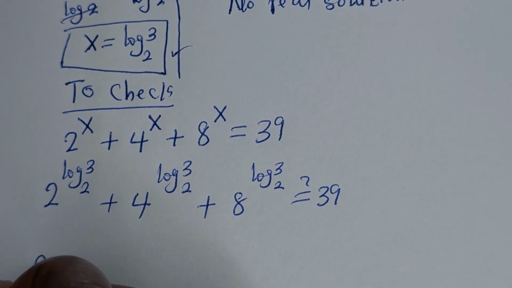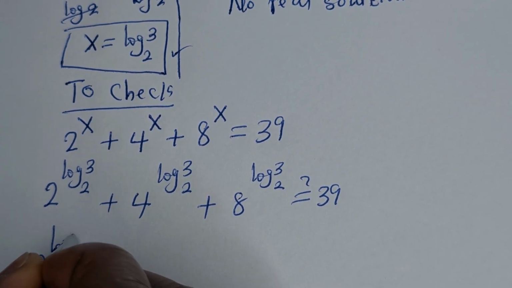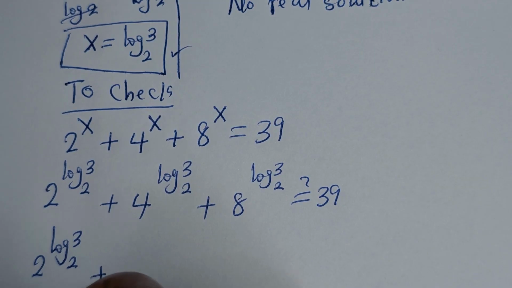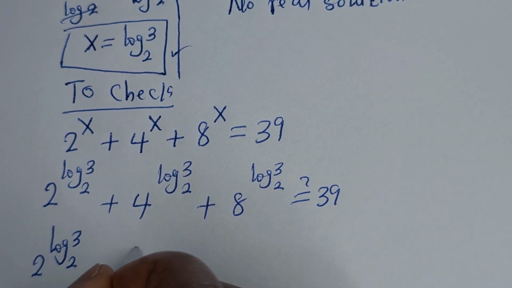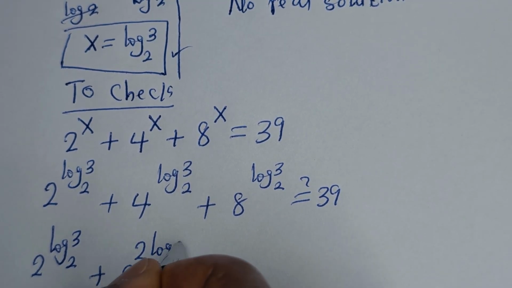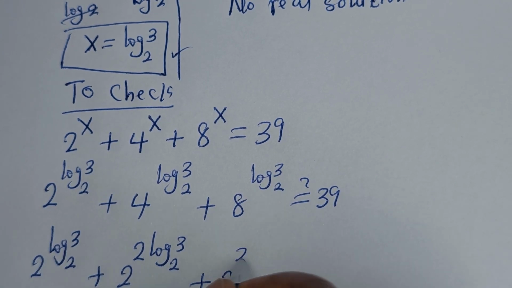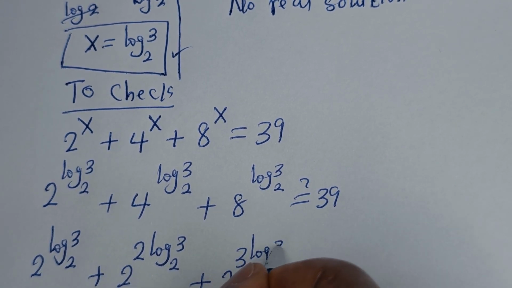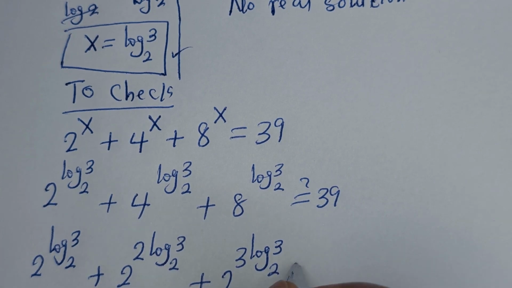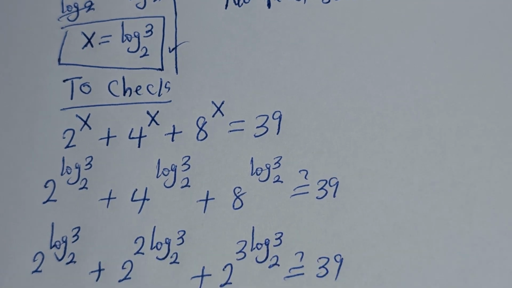Now this is 2^(log 3 base 2) plus this can be written as 2^(2 log 3 base 2) plus 2^(3 log 3 base 2) must be equal to 39.